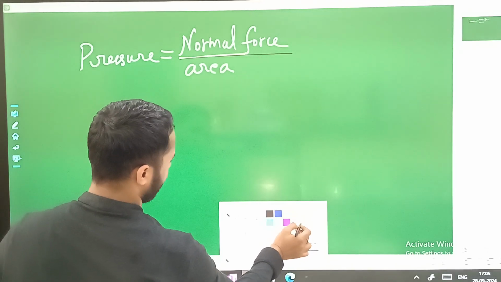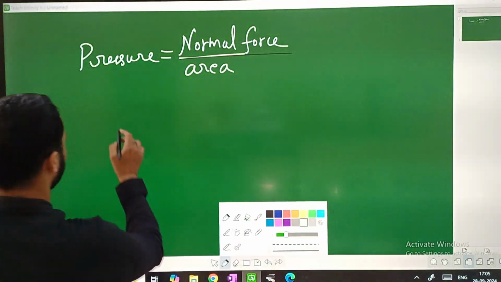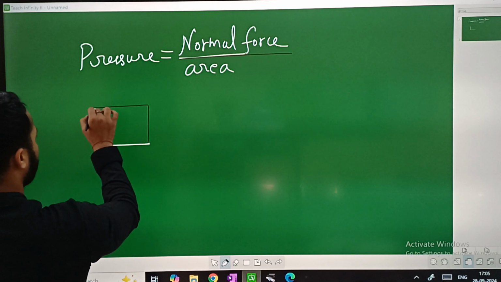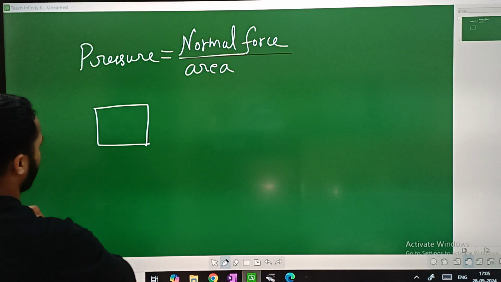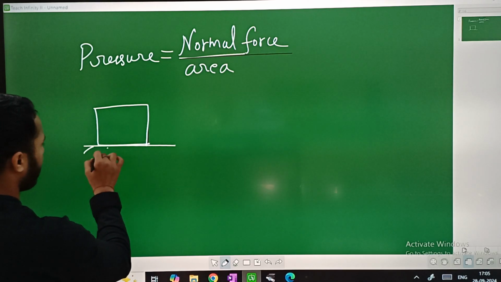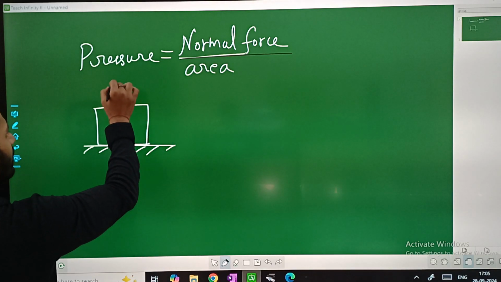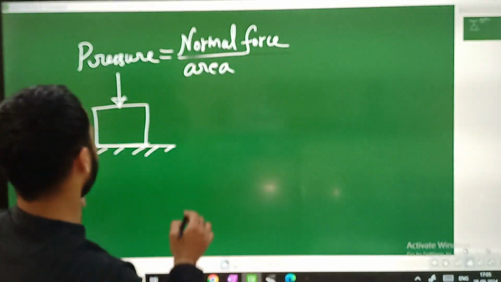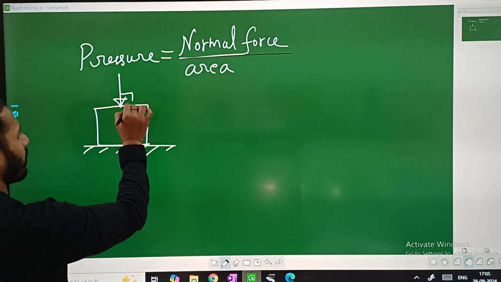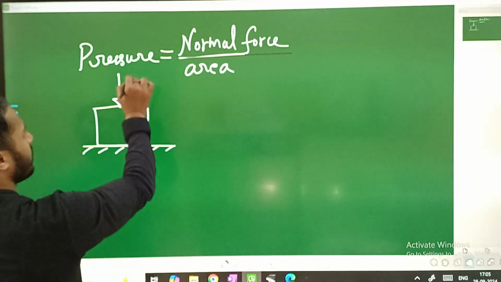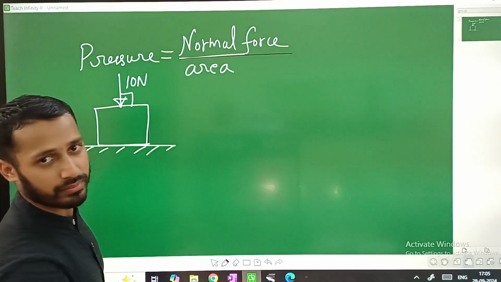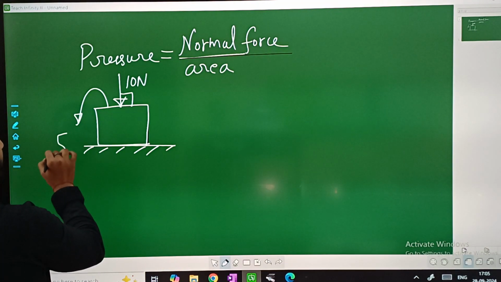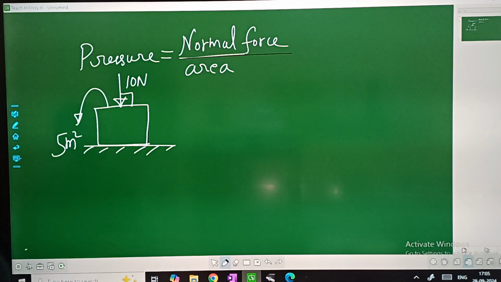I will make you understand by taking two examples. See here, suppose I am taking one block kept over a surface. Suppose I am applying some force. You can see this force is acting normal to this area. Let's say this force is of 10 Newton and the area of this surface is 5 meter square.